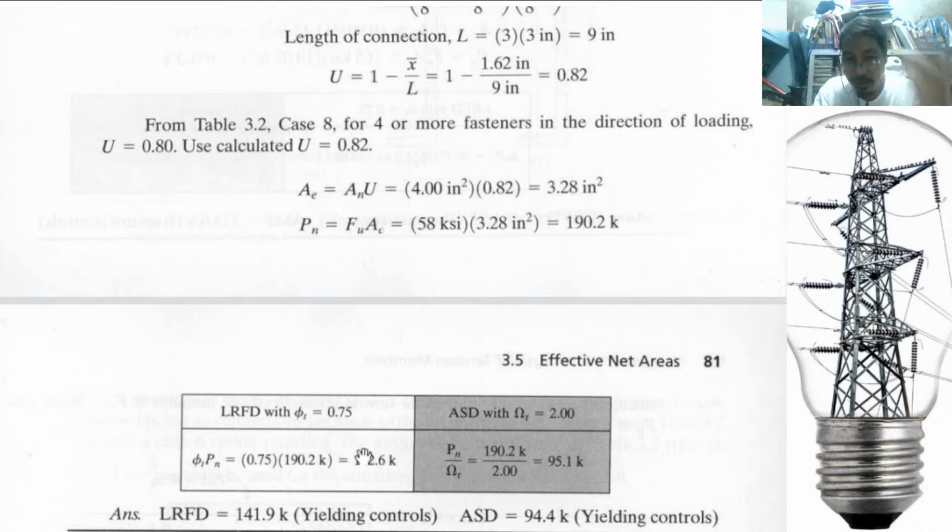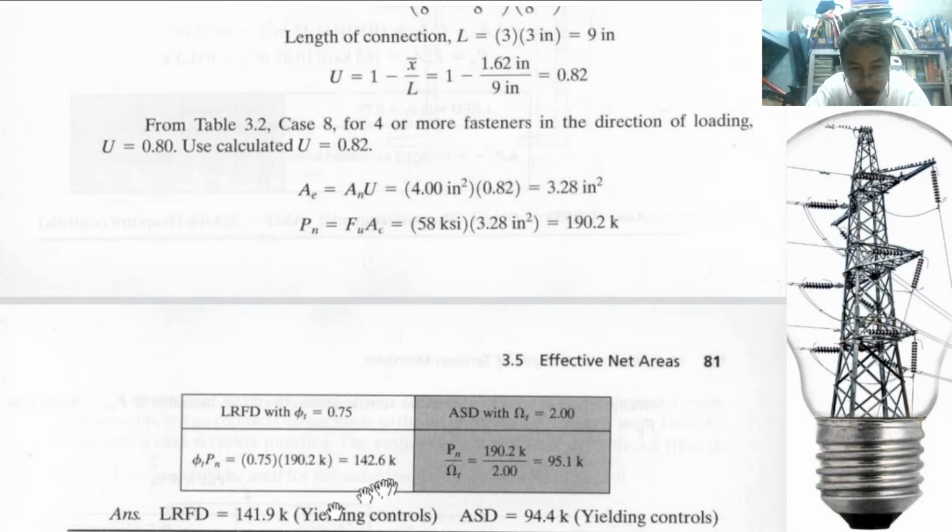Similarly, 142 satisfies yielding. 142 also satisfies rupture because the rupture is 143. So 142 satisfies 143, and not the other way around.